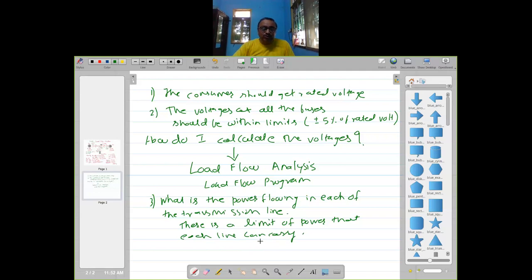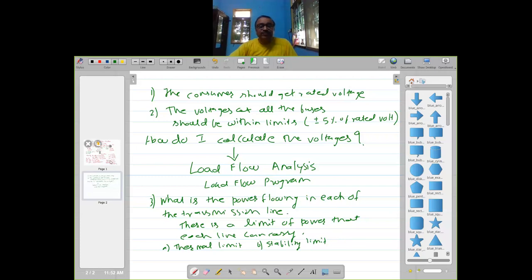Now, there are 2-3 types of limits. One is the thermal limit, and another is the stability limit. I will just explain briefly what these limits are. We need not go into detail now.